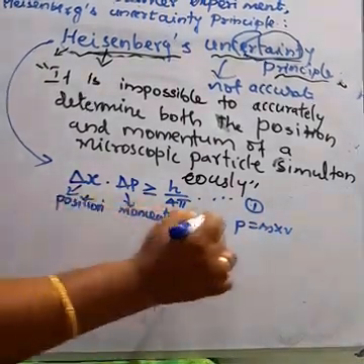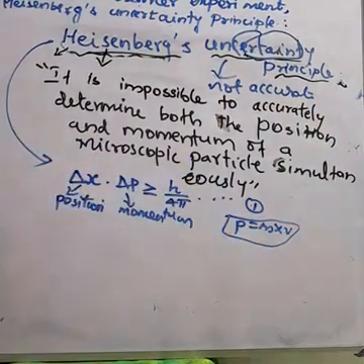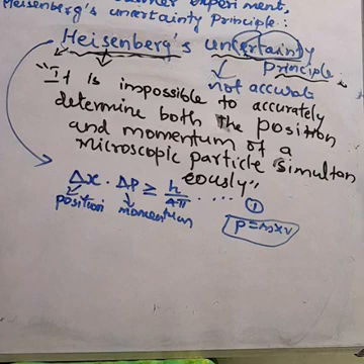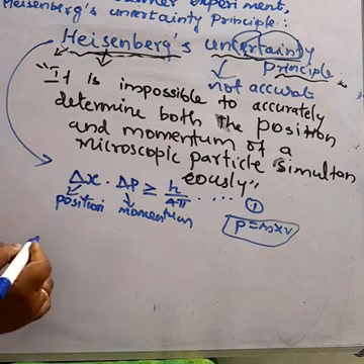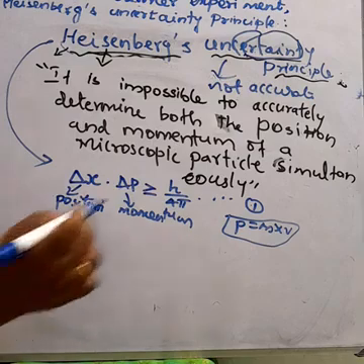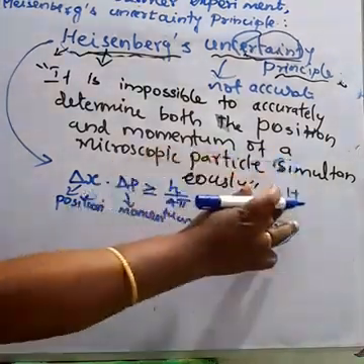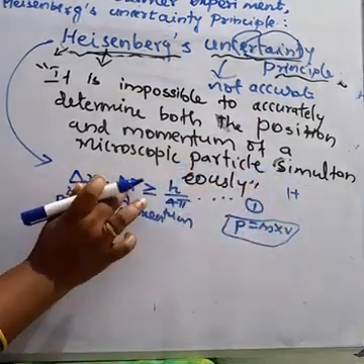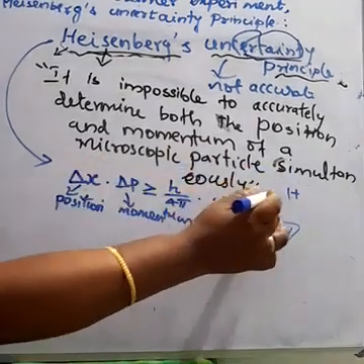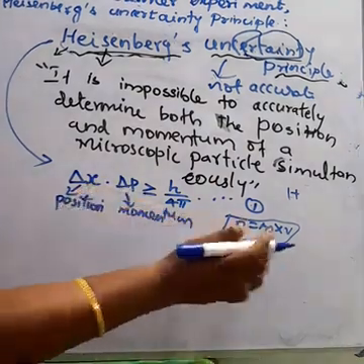Let us understand this term by calculating the uncertainty in the velocity of the electron in a hydrogen atom. First of all, we can measure the velocity, delta v.